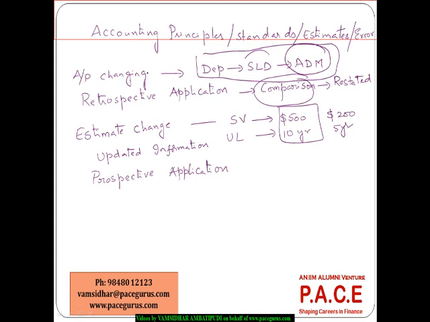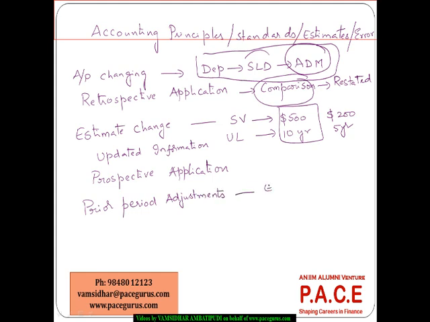But when there is an accounting principle change, yes, there has to be a restatement of the past. And in some cases, we also talk about a prior period adjustment, especially in the previous year's financial statements.